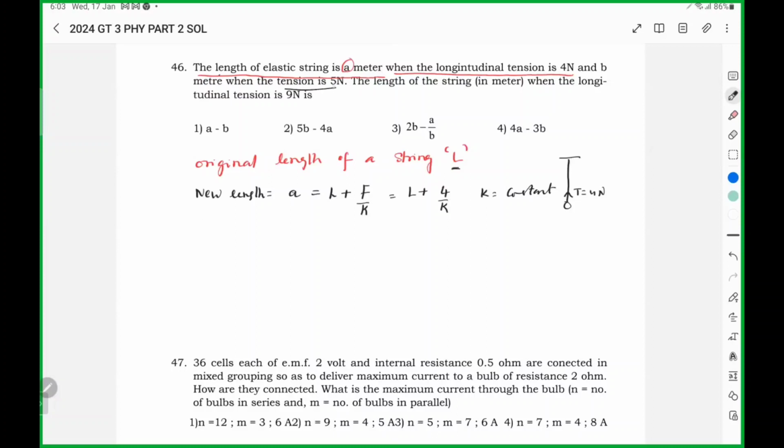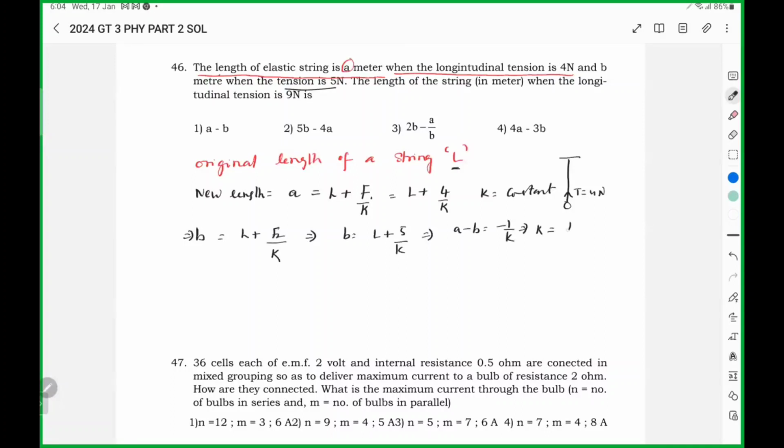When it is subjected to another tension of 5 newtons, we are given another length B, which is L plus F2 by K. F2 here is 5 newtons. Right. So from here, once you subtract, A minus B, the L terms get cancelled.